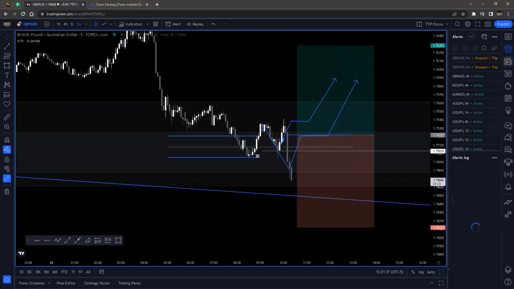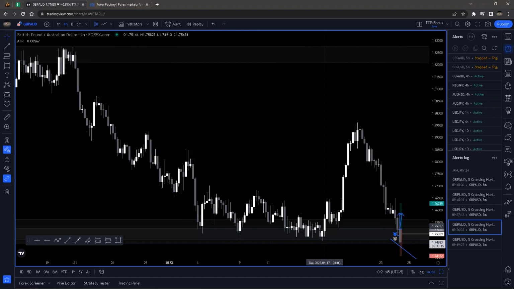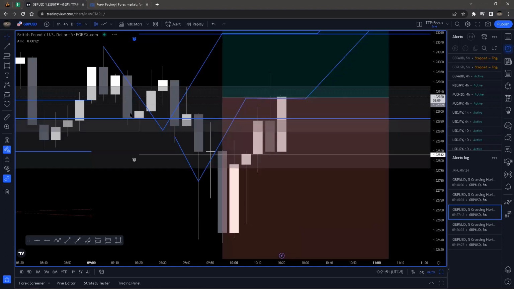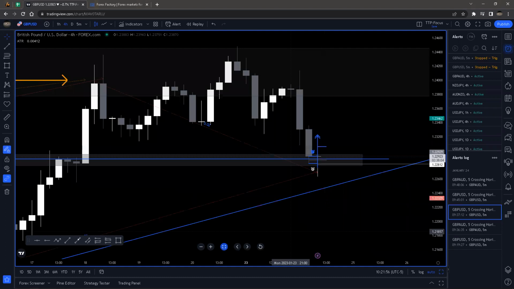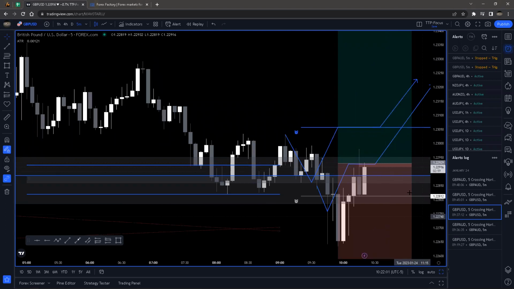So we've had a couple of things kick off here so far, GBP AUD and GBP USD. We had the 4-hour wick rejection. I was waiting for an entry there. Same thing with GBP USD. Actually, I might have to look at it again.